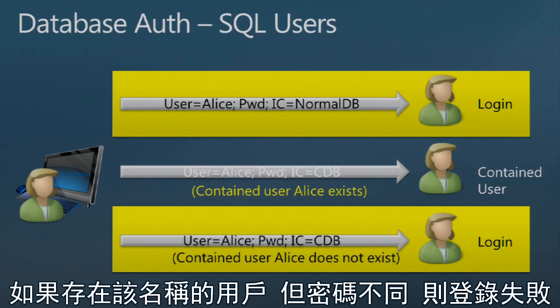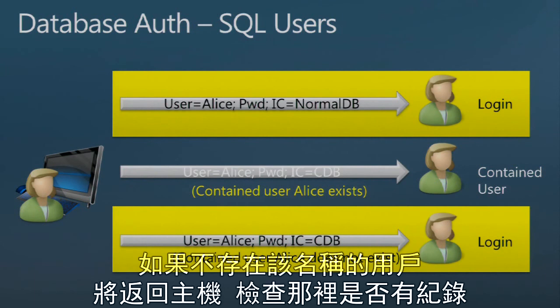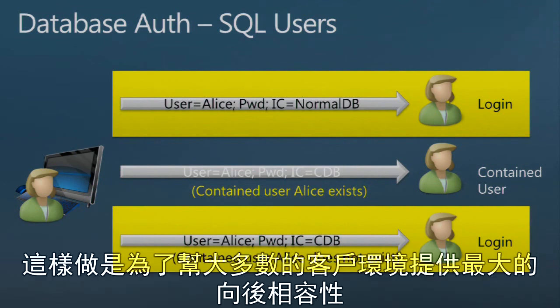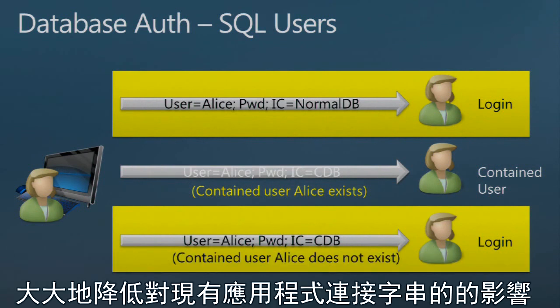If a user exists with that name but a different password, it will fail. If there is no user with that name, we will fall back to master and check to see if there's a login there. We did this to provide maximum backwards compatibility for as many customer scenarios as possible, so that there's minimum impact to connection strings for your existing applications.